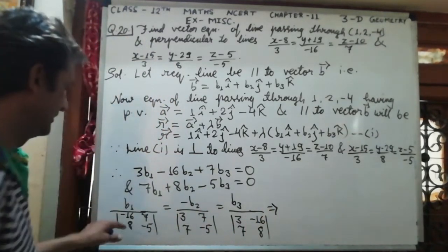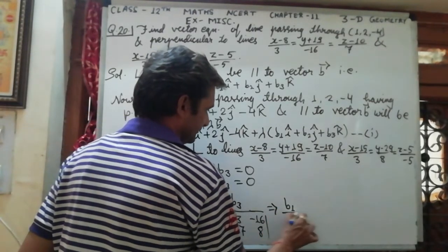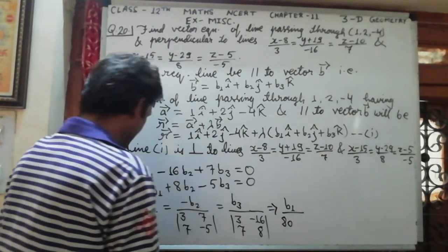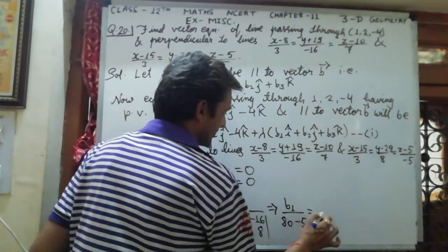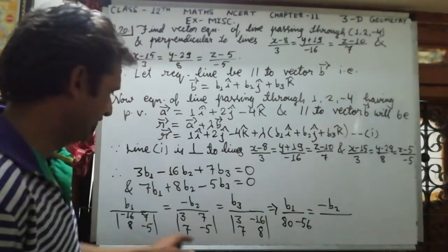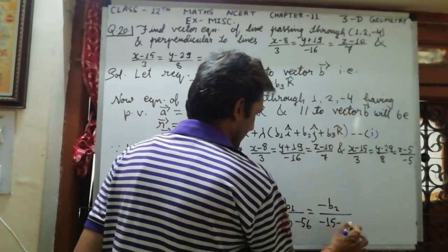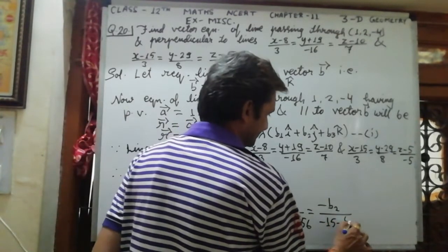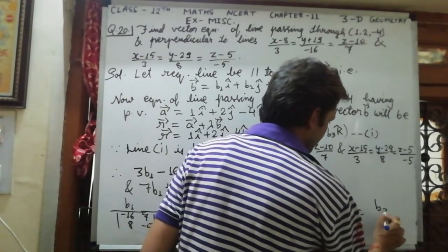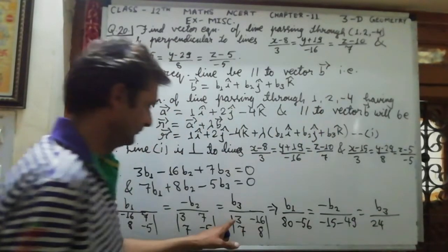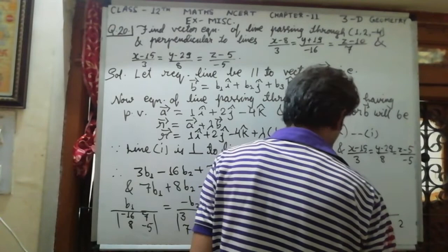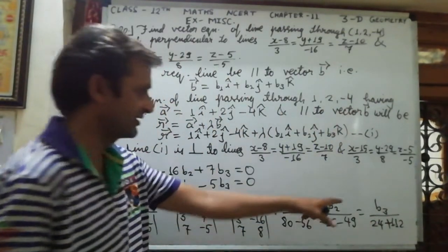It implies that b1 upon 16 into 5 is 80, minus 8 into 7 is 56, equal to minus b2 upon 3 into minus 5 minus 15, and minus 7 into 7 is 49, equal to b3 upon 3 into 8 is 24, minus minus plus 16 into 7, and 16 into 7 is 112.